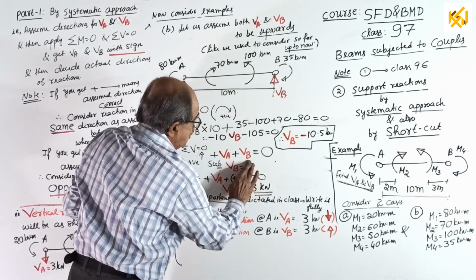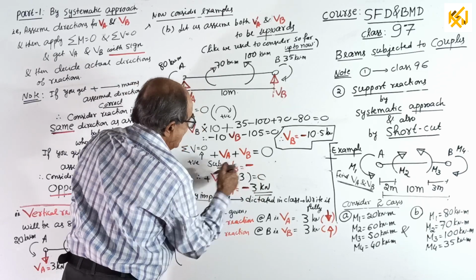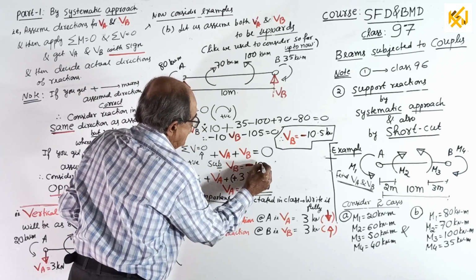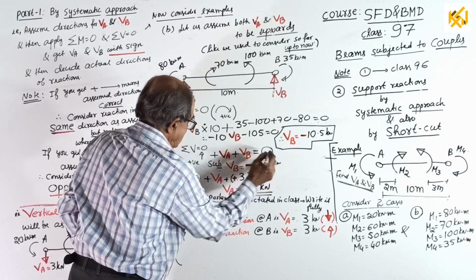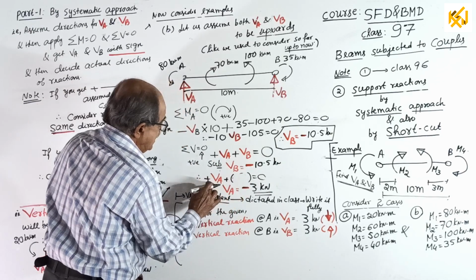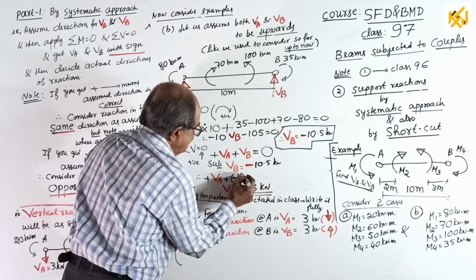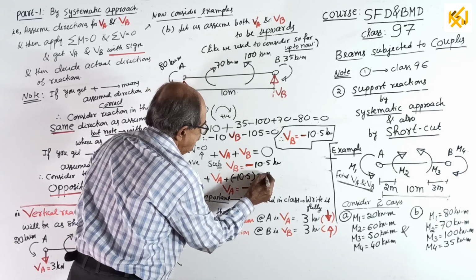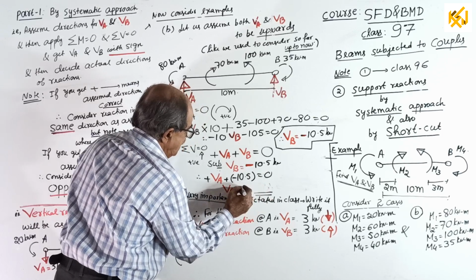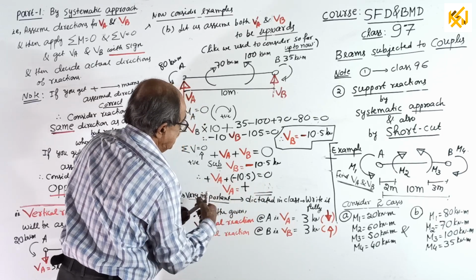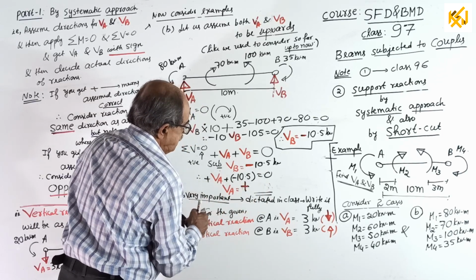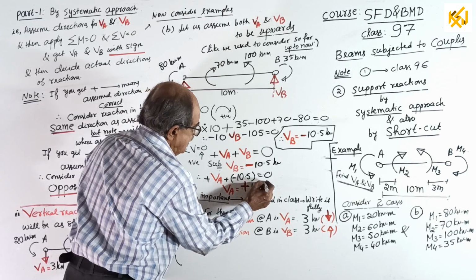Substitute VB equal to minus 10.5 kilonewton. Your VA plus minus 10.5 equal to 0. So your VA will come plus 10.5 kilonewton.